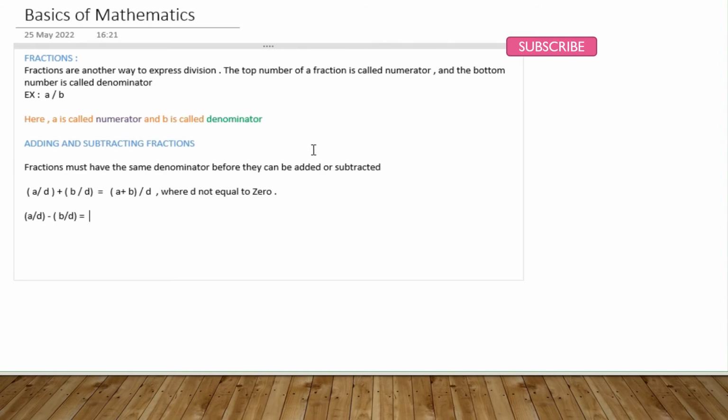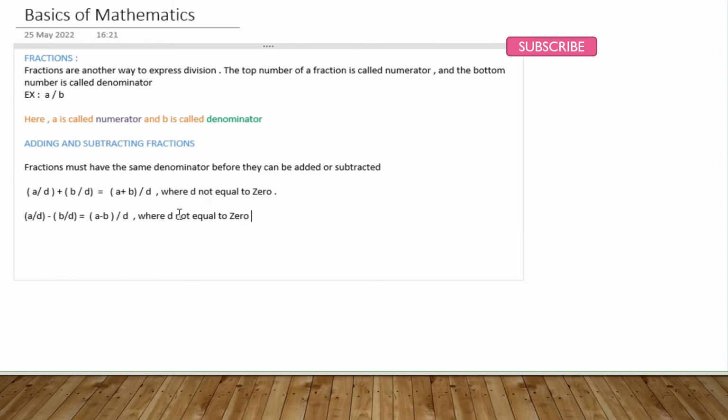In negative fractions also the denominator is the same. So we can just subtract: a minus b by d. Here also d is not equal to 0.